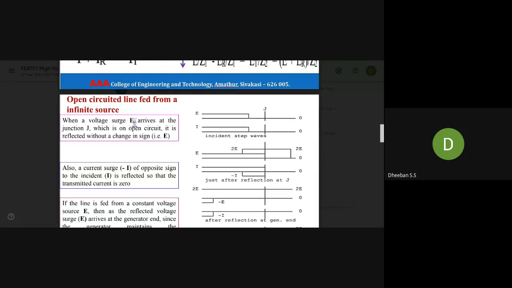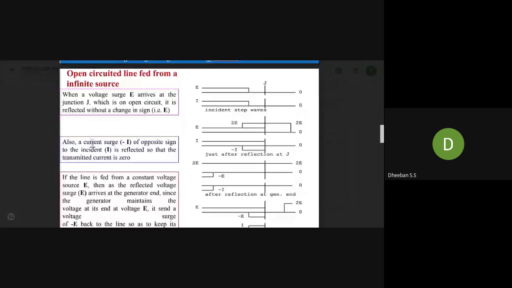When a voltage surge E arrives at the junction J, which is on open circuit, as I said, it is reflected without a change in sign. So normal reflection occurs. Then also a current surge of negative of the positive sign to the incident I is reflected, so that the transmitted current is 0.